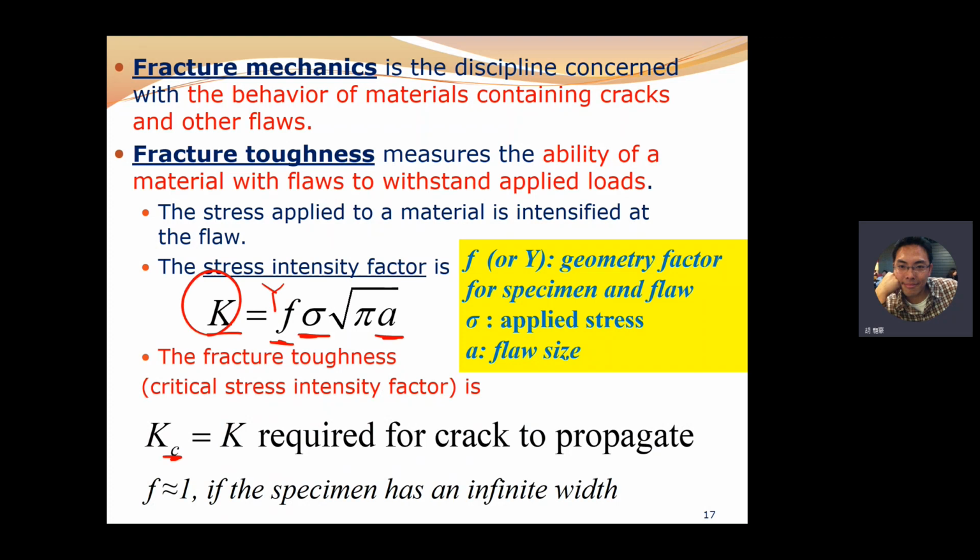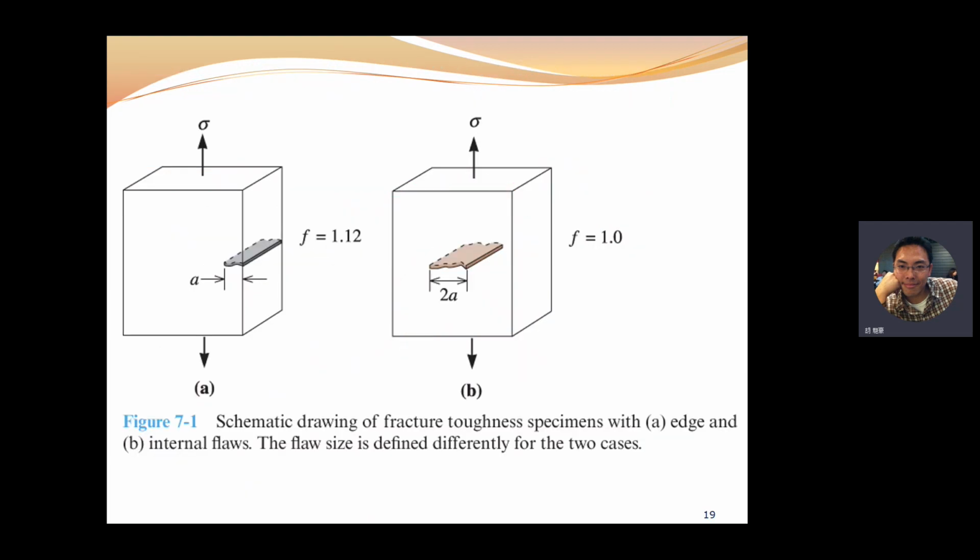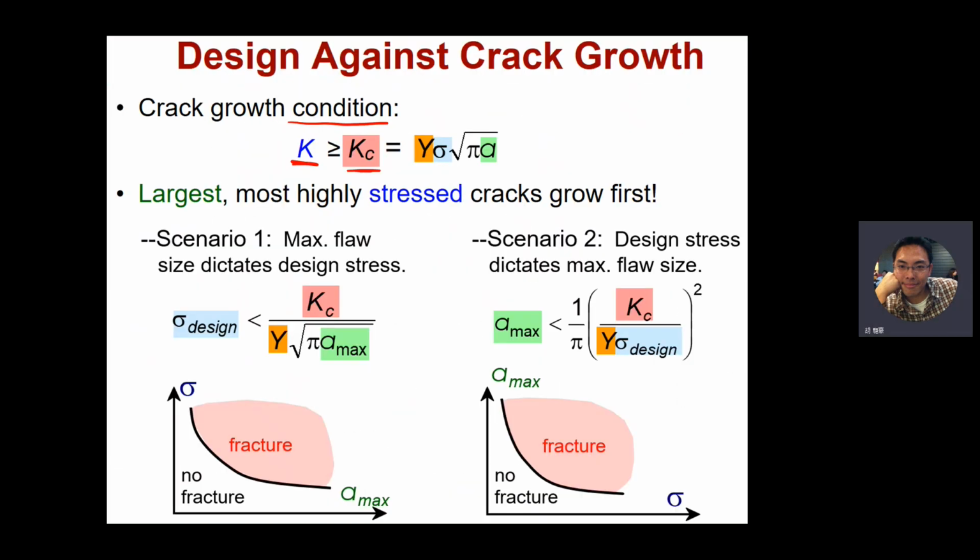Remember that we use the stress intensity factor to define the fracture toughness. Therefore, when K, the stress intensity factor, is greater than the critical fracture toughness, the crack will start to grow, or the crack will start to propagate.